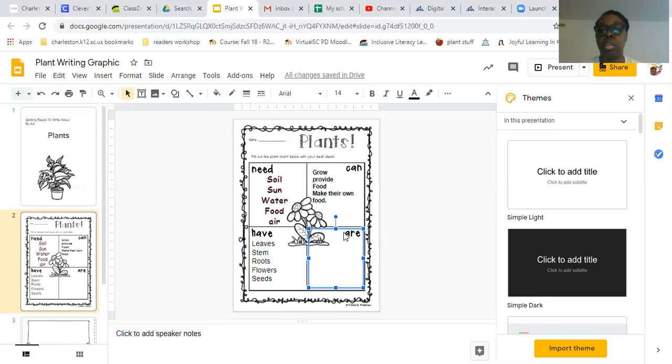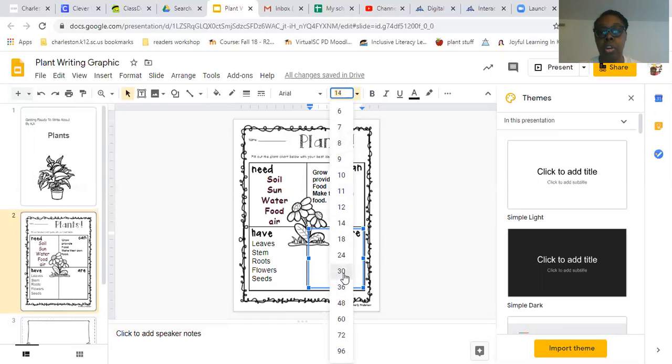What else? What are plants? I'm going to make that bigger also so that you can see it, and I'm going to type down here. What are plants?